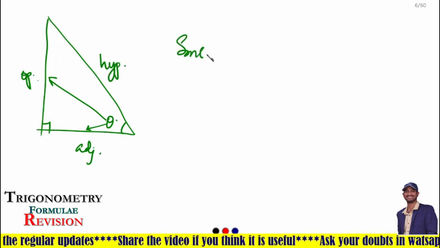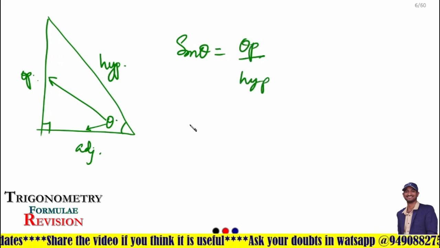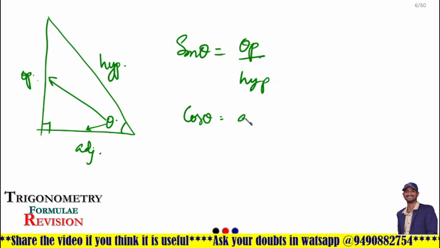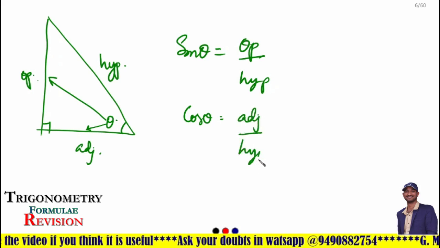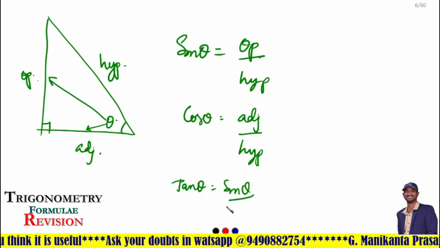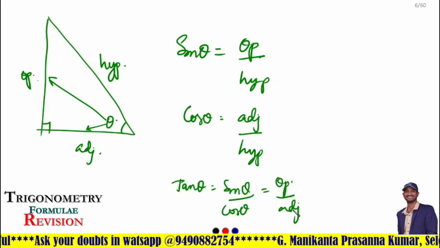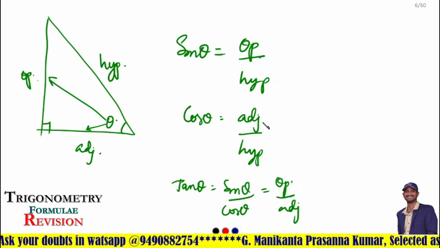So what is sine theta? It is equal to opposite by hypotenuse. What is cos theta? It is adjacent side by hypotenuse. What is tan theta? It is sine theta by cos theta, which is equal to opposite by adjacent. And what about cosecant theta?